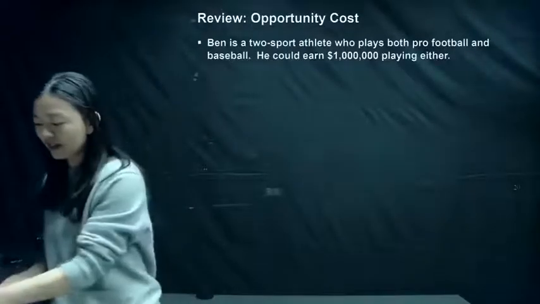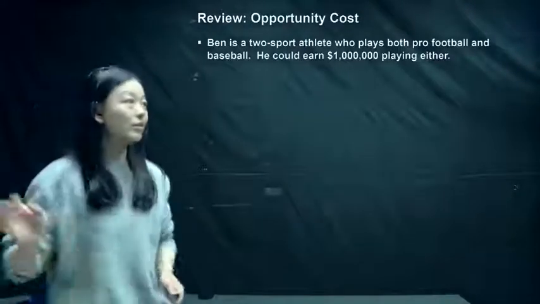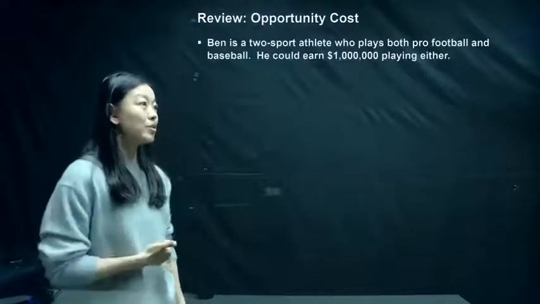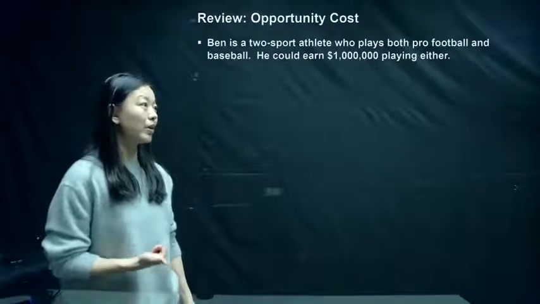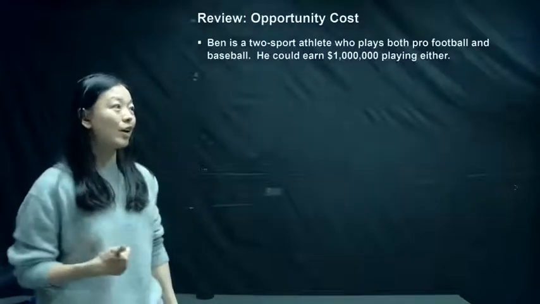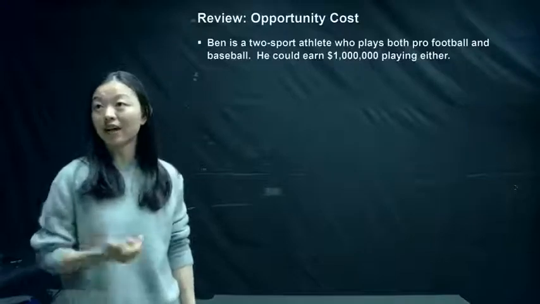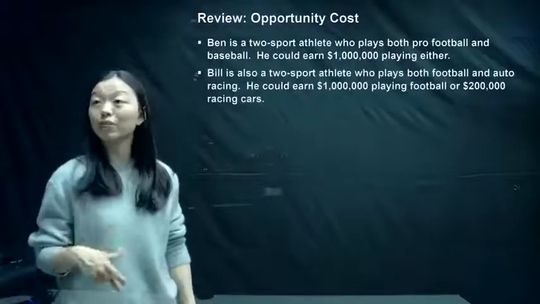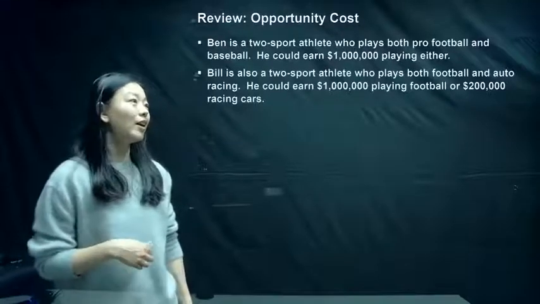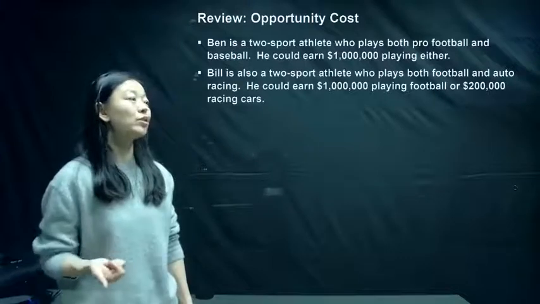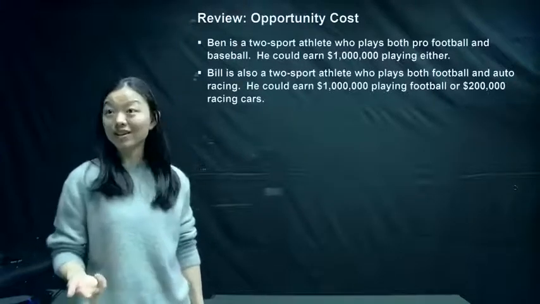Now let's look at another practice question about the opportunity cost. Ben is a two-sport athlete, okay, who plays both football and basketball. He can earn $1 million playing either. Another person, Bill, also plays two sports. He could earn $1 million playing football or $200,000 playing racing car.